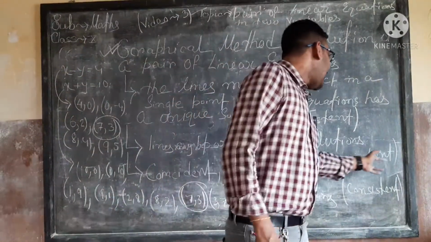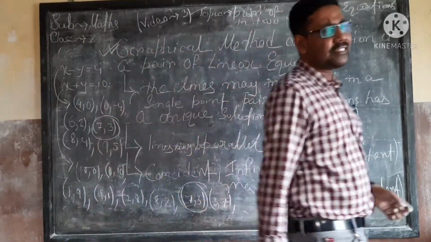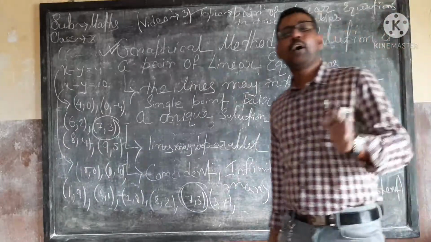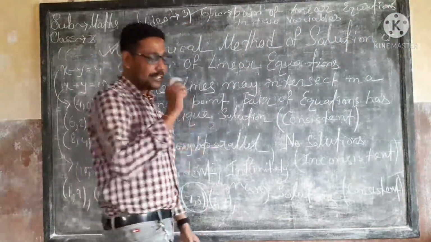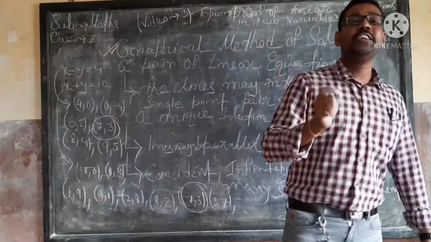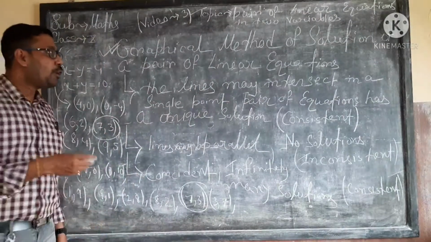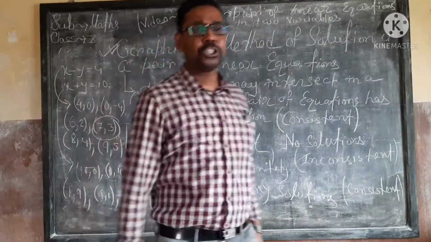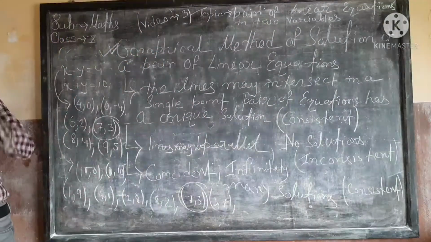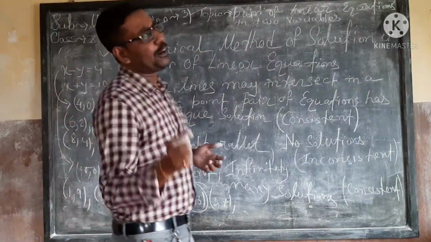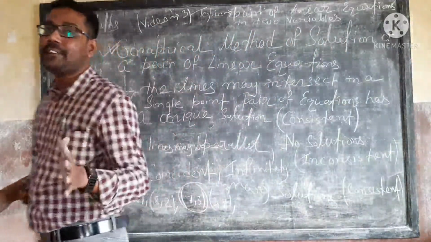And the second term is called inconsistent. What is the meaning of inconsistent? When any pair of linear equations has no solution, then this pair of linear equations is called inconsistent. So as per the solution of a pair of linear equations, we derive the two important concepts, consistent and inconsistent.